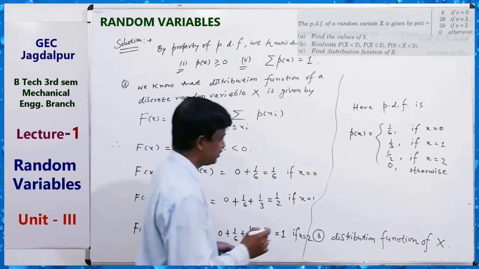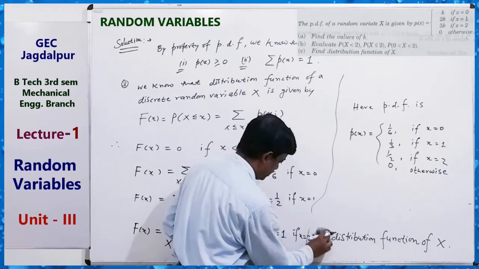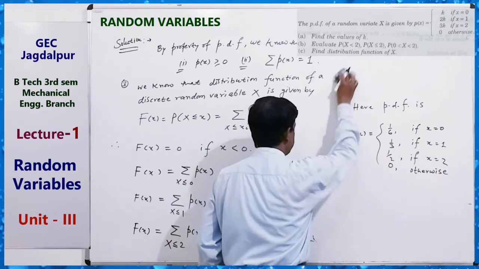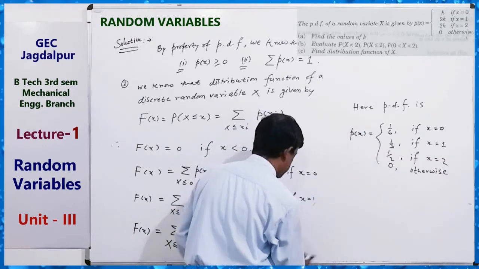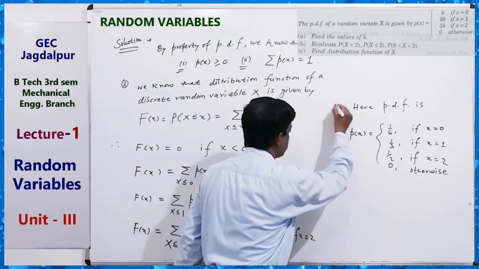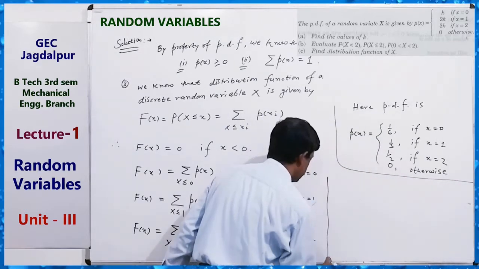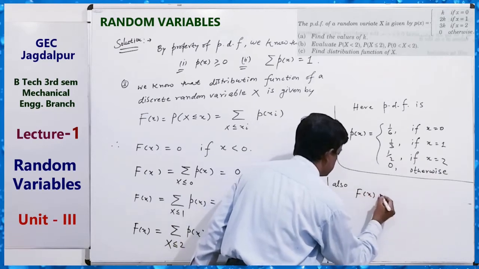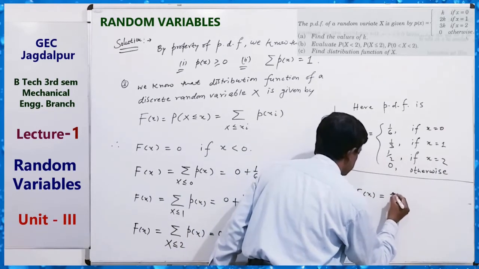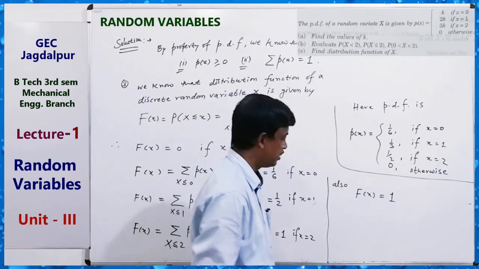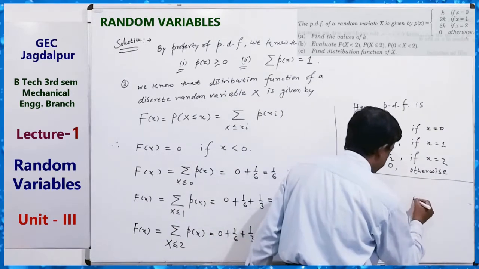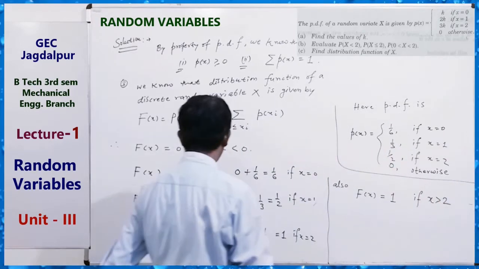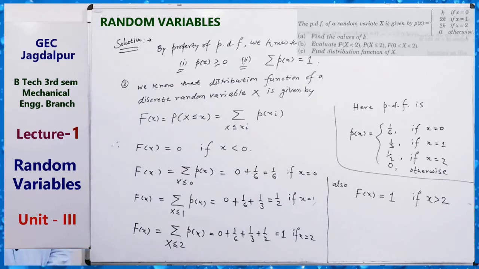Also, we can write here F(x) is equal to 1 if x is greater than 2. Why?